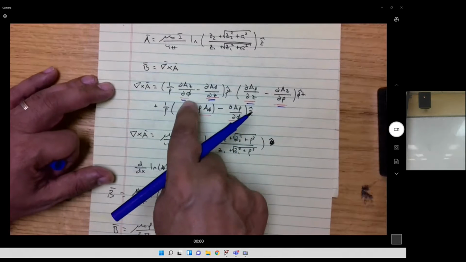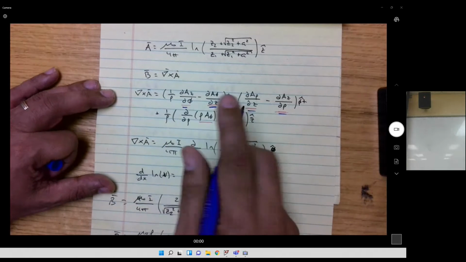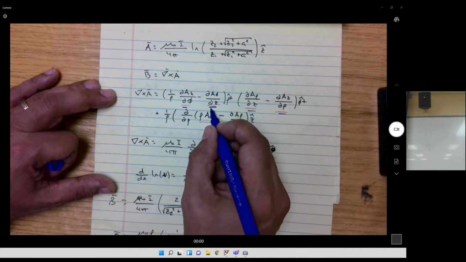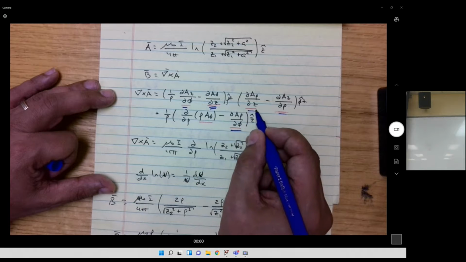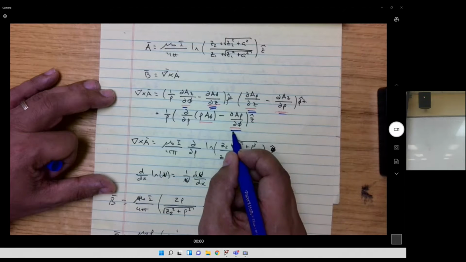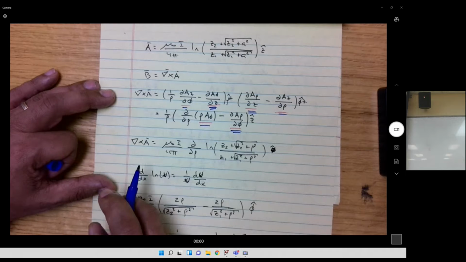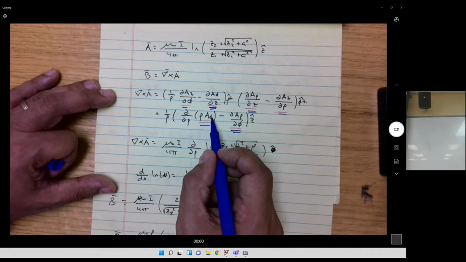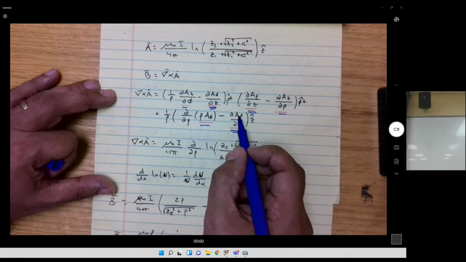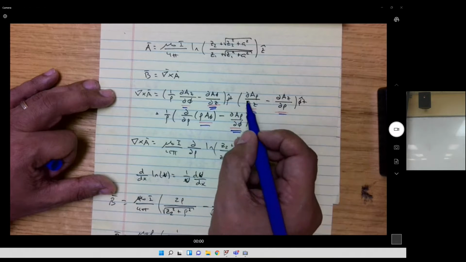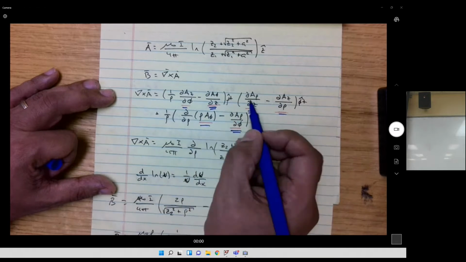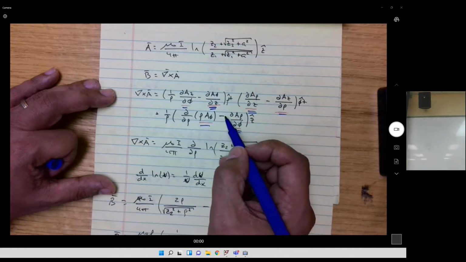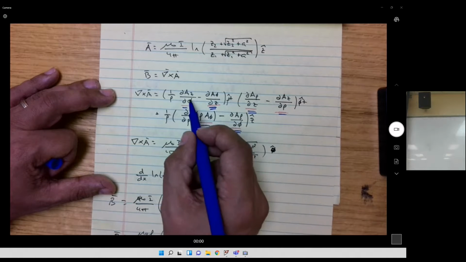So this is going to be zero, this is going to be zero, this is going to be zero, this is going to be zero, because all these depend on phi, these are the phi component or the rho component. So because we don't have any, they're going to be zero. We only have the z component.